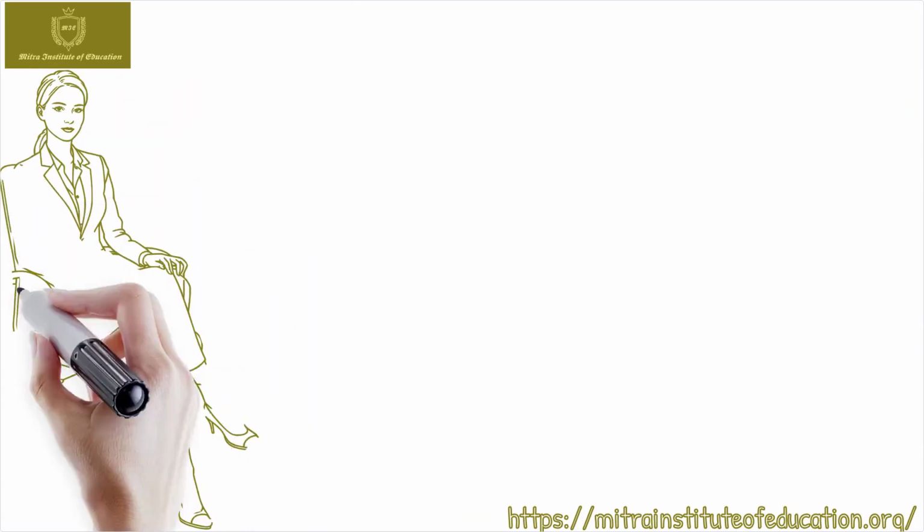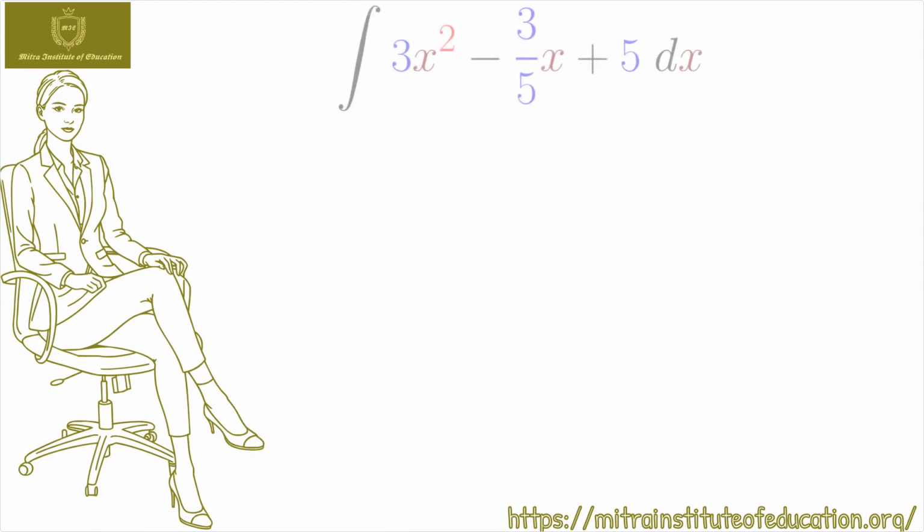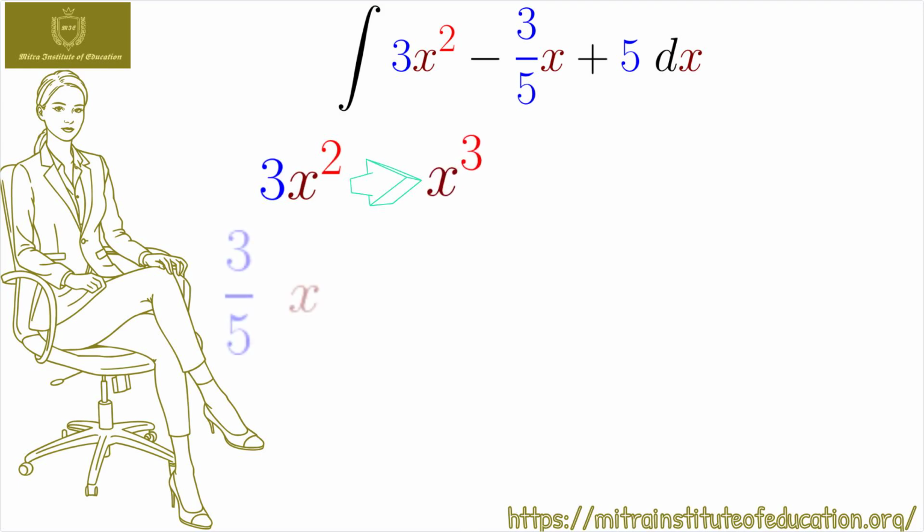Let's break it down step by step. We're trying to integrate the expression 3 times x squared minus 3 divided by 5 times x plus 5. Here's how we do it. First, for 3 times x squared, the result becomes x cubed.